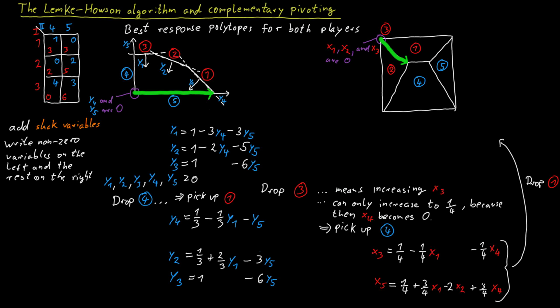So we want x1 to be on the left side and x3 on the right side. And we therefore write 1/4 times x1 is equal to 1/4 minus x3 minus 1/4 x4. We don't want this coefficient in front of x1, so we multiply the entire thing by 4. And we get this nice equality.